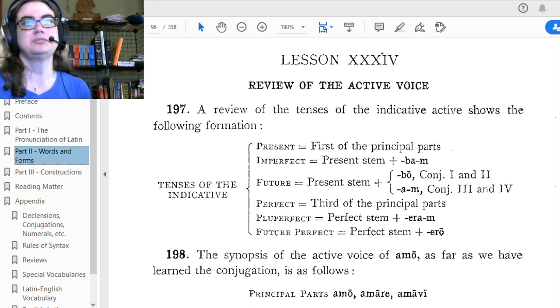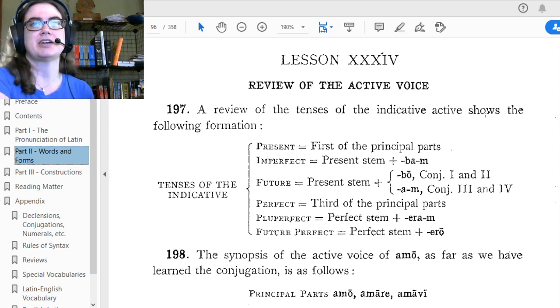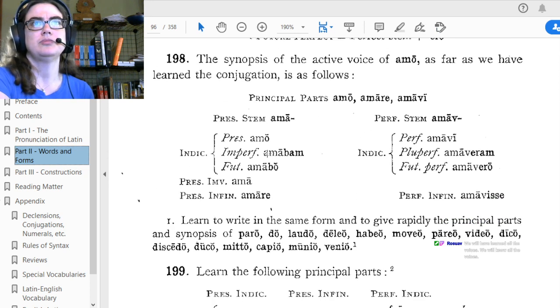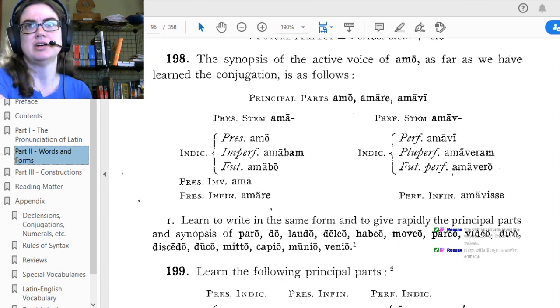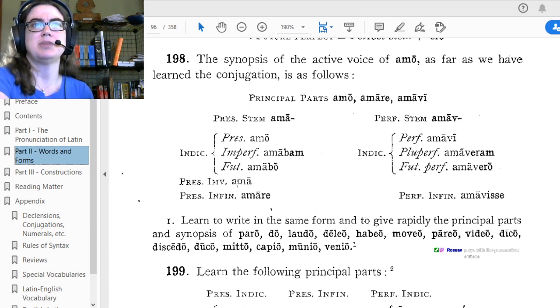Very good. All right. The synopsis of the active voice of amo. If we were to give that in the first person singular: amo, I love. Amabam, I used to love. Amabo, I will love. Amavi, I have loved. Amaveram, I had loved. Amavero, I will have loved. The present imperative, ama, love, in the active. Present infinitive, amare. And the perfect infinitive, amavisse.